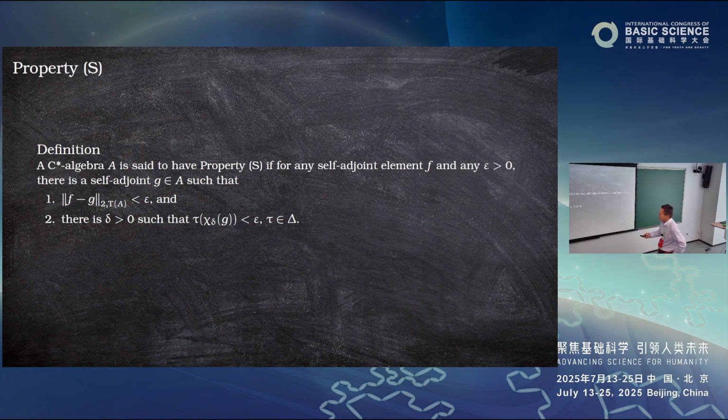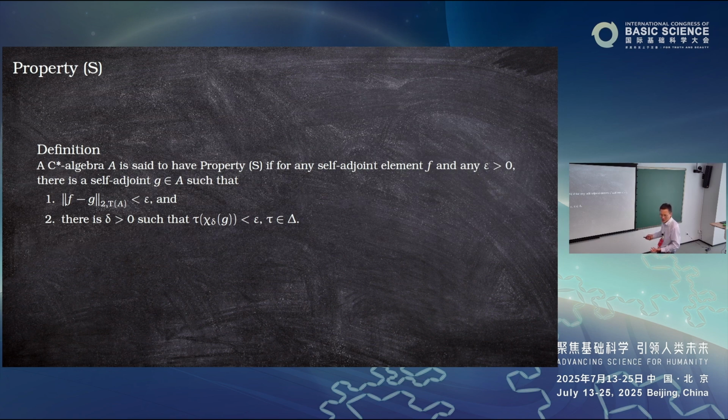Let's summarize this property and call it property S. A C-star algebra A is said to have property S if whenever you have a self-adjoint element f and a tolerance epsilon, you are able to approximate it by a self-adjoint element g such that the neighborhood of zero in the spectrum of g is uniformly small under all the trace measures.